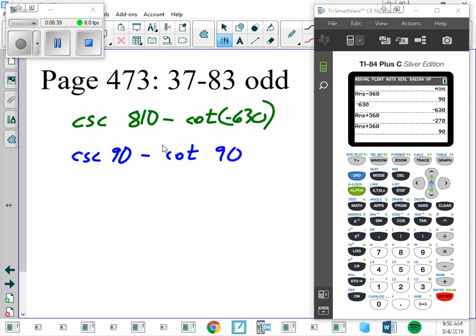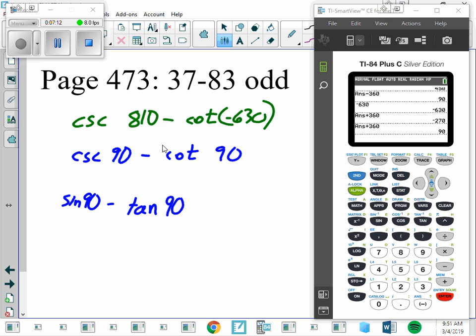Now, I don't know cosecant and cotangent, so what should I do? Well, I'm going to find the reciprocal functions and then just flip the answer upside down. So I'm going to find the sine of 90 minus the tangent of 90. And then once I get my answers, I'm just going to flip them upside down.